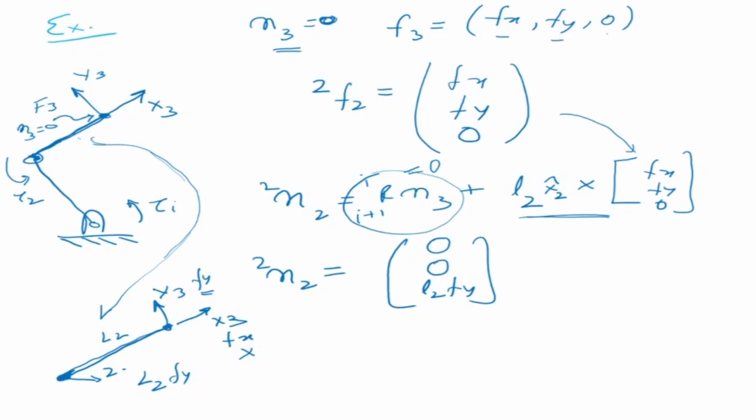So from third it has gone to second, from second it has gone to first, so F1 is equal to, now what is F1? There is a rotation matrix now. There is a rotation between the first axis and the second axis. So let me draw this: Z0, Z1, Z2, Z3, and X0, X1, X2.